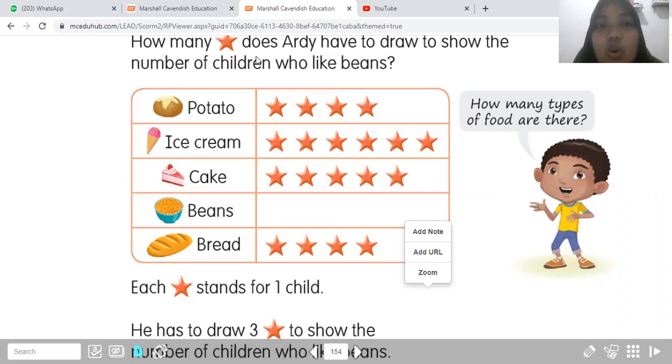This is what we call a pictogram or pictograph because it uses stars to represent the data, right? So there is a clue: each star stands for one child. All right.